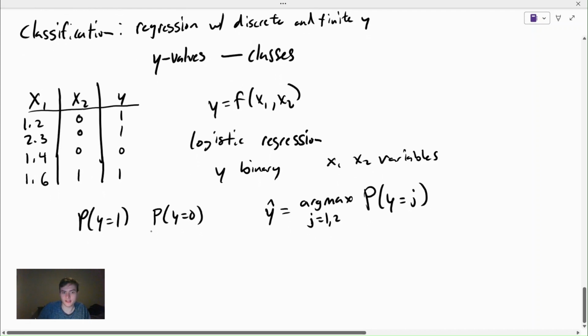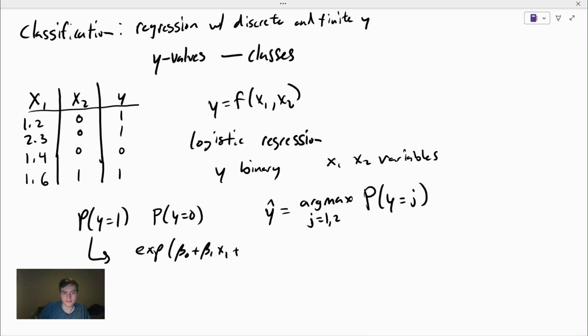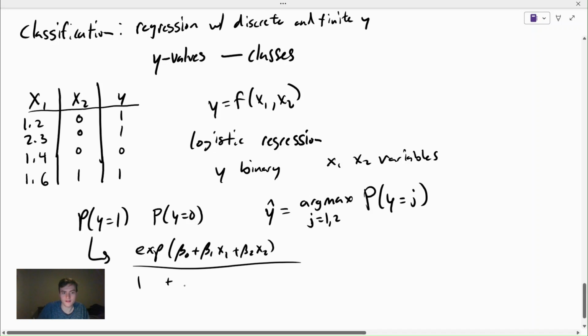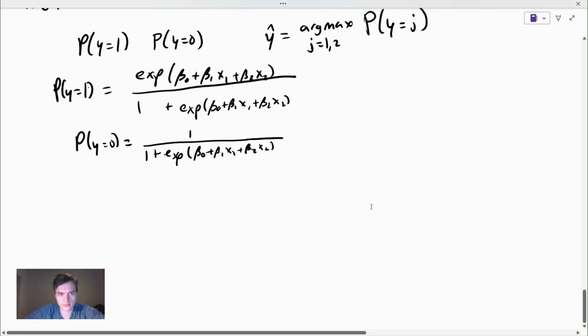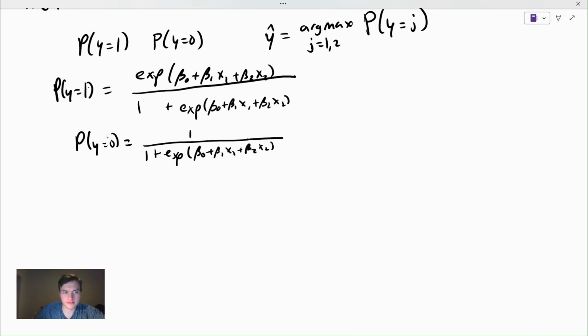In this model, we have a function for each of these. This one is going to be exp(beta 0 + beta 1 x1 + beta 2 x2) over 1 + exp(beta 0 + beta 1 x1 + beta 2 x2). Probability y equals 0 equals 1 over 1 + exp(beta 0 + beta 1 x1 + beta 2 x2).